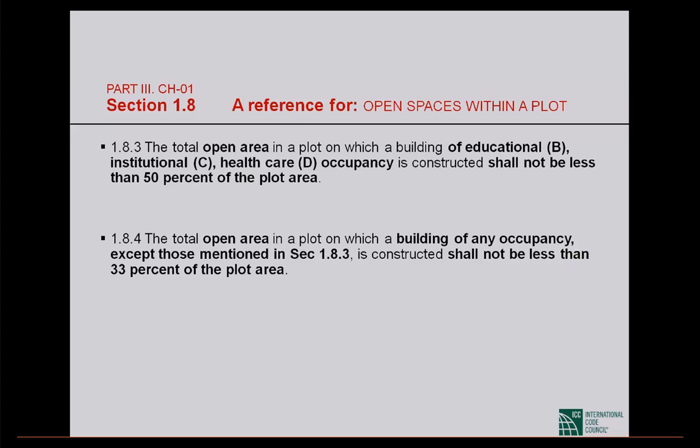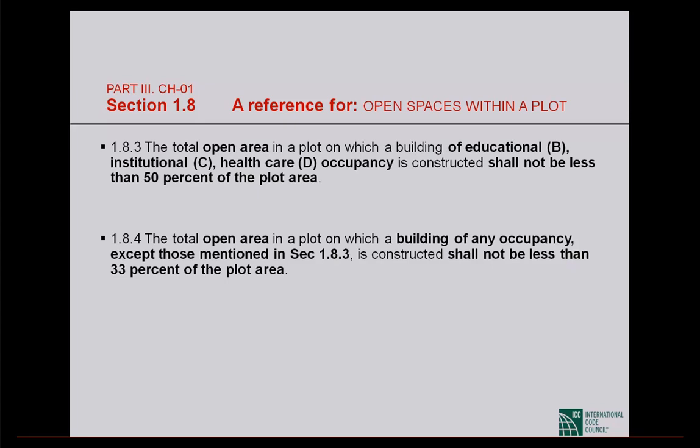So overall, they will have more built area and relatively lesser open area, but B, C, and D will have much larger open area. So this is a particular reference that will come time and again for different occupancies, but this is a common reference for almost all the occupancies. So we will not revisit section 1.8 time and again to check it.